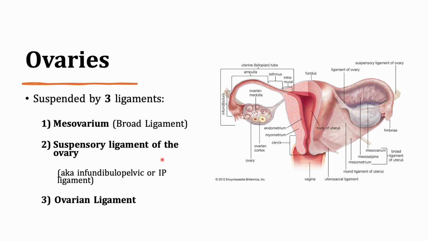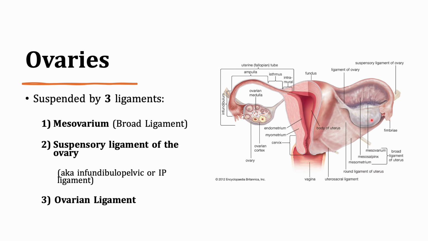Then we have the suspensory ligament of the ovary, which sounds just like what it's doing. It's suspending the ovary in the air almost. Here's the suspensory ligament of the ovary, here's the ovary, and this is also called the infundibulopelvic or IP ligament.